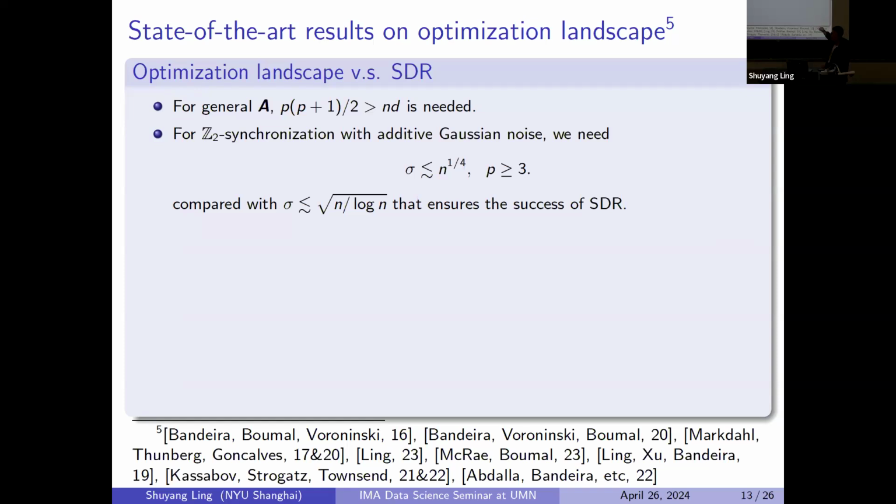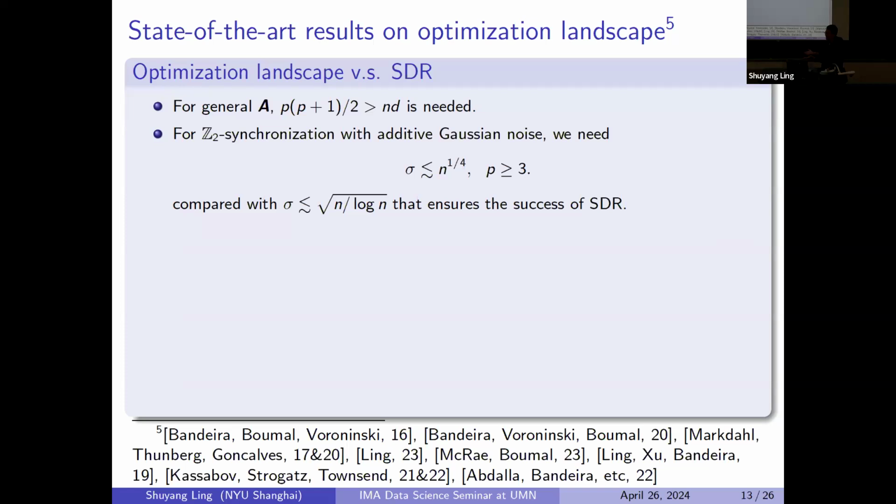If it's sufficiently large, which means you have a lot of degrees of freedom in the search space, then it's approximately on the order of square root of n times d, so p squared divided by 2 greater than n times d. In practice, d is usually 1 for Z2 synchronization. Then the landscape is benign in general.